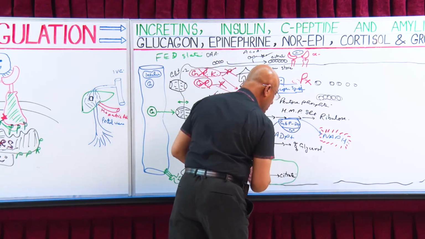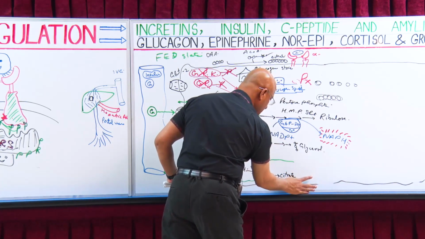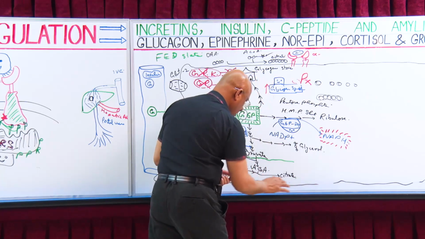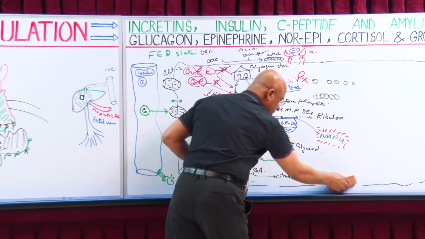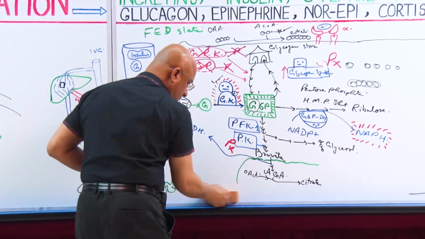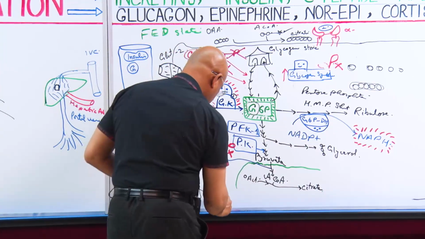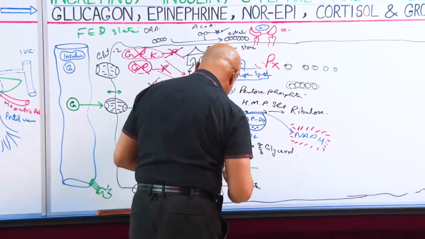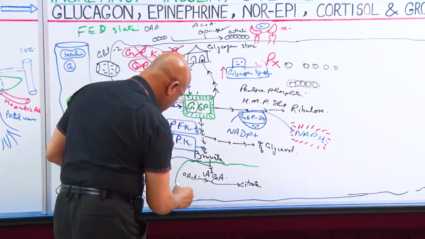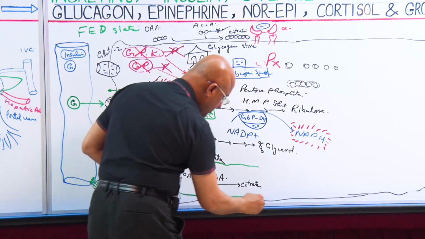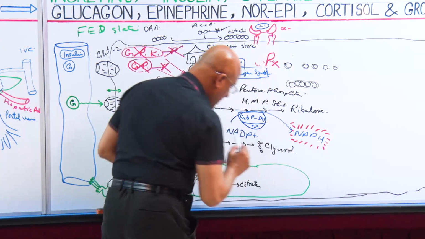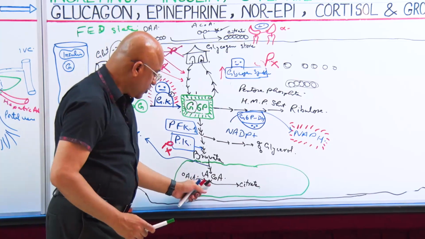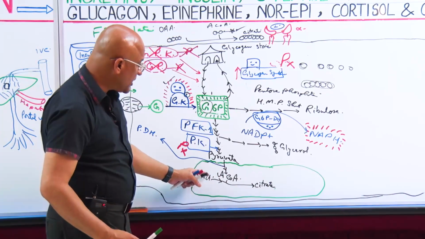Okay, let me make the mitochondria a little longer. Hepatocyte, and here is the mitochondria. Now, so acetyl-CoA, what is happening?